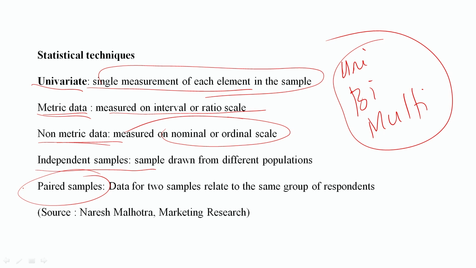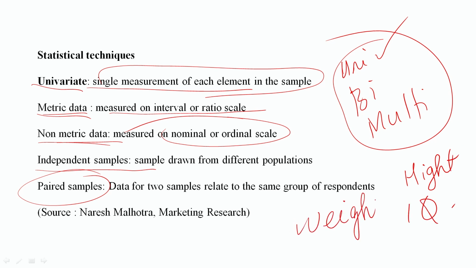So the terms that you study, once again, univariate, that means a single measurement that you have to use, you have to test only the height of the individual, IQ score, or weight. In a population, you check the height, to what extent it varies, or the IQ score of 100 students.